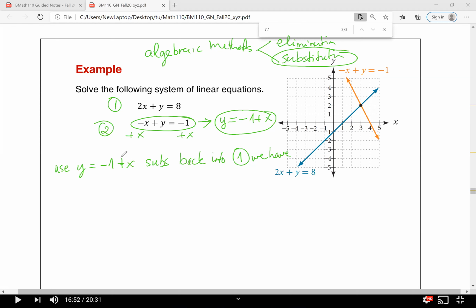So now what do I have? I have 2x plus y, but y now is this guy, so I write -1 plus x, equal to 8.